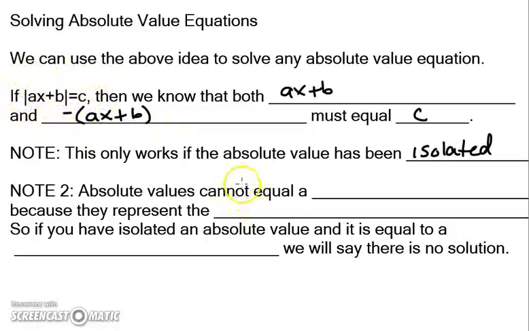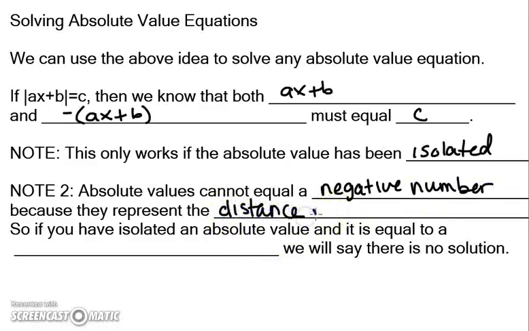The other thing we have to keep in mind is absolute values cannot equal a negative number. That's because they represent the distance from 0, and we can't measure distance with negative numbers. So we can only have a positive number.